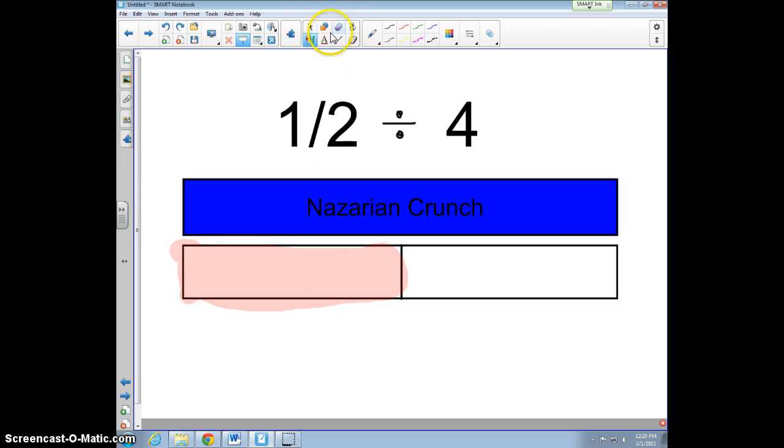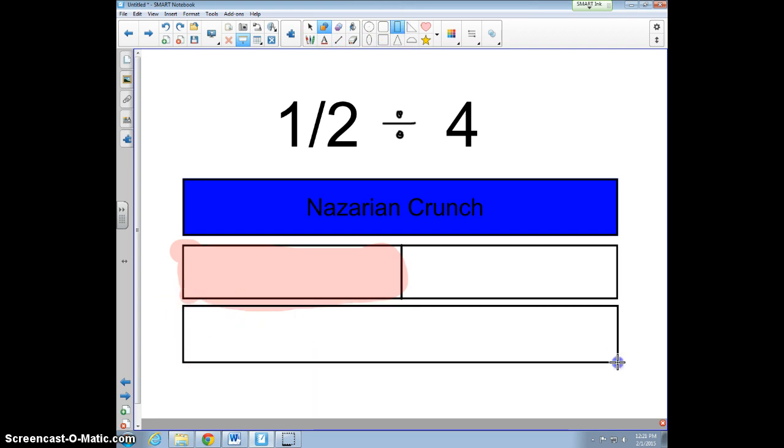But because there are 4 winners, this half that we have is going to have to be divided into 4 equal parts. So we've got this half here, and now we're going to have to divide this half into 4 equal parts. Because each of them deserves to have the same amount, now we have it divided into 4 equal parts. Remember, this part is for Mr. Nazarian. He's hungry and he likes his treats.